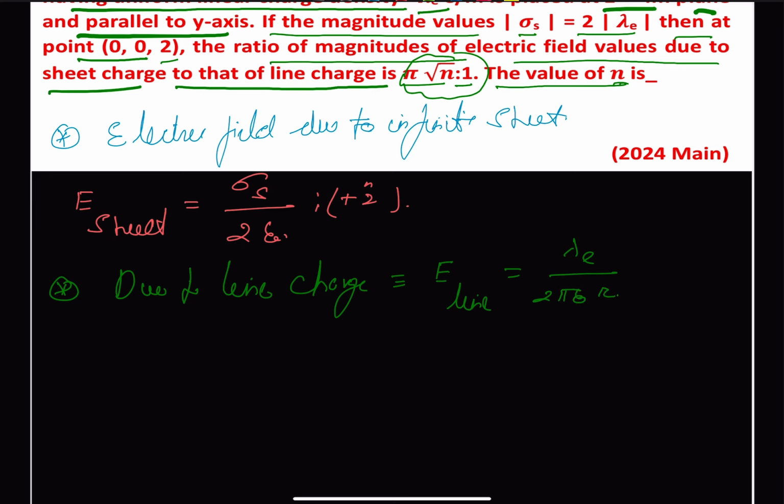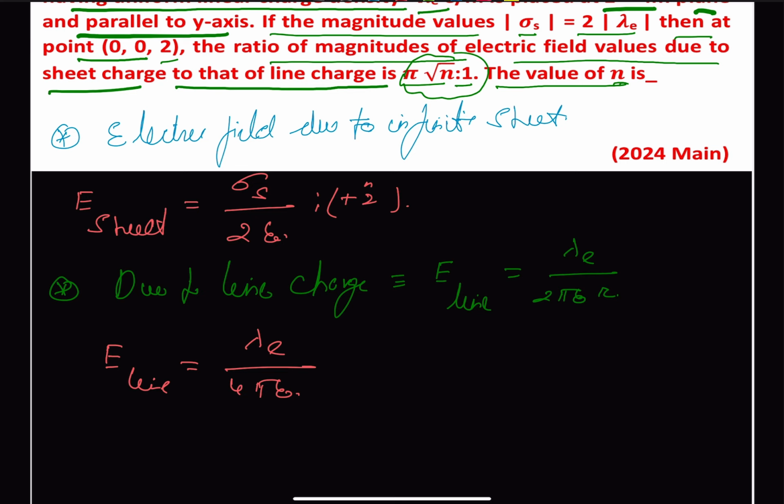Here r is the perpendicular distance and the line is given as z is equal to 4, so value of r will be equal to 2. So we get this as E of line will be equal to lambda e divided by 4 pi epsilon naught.